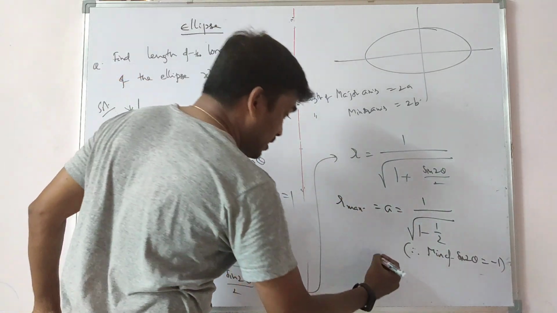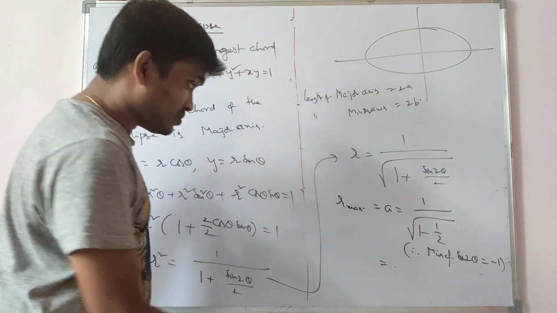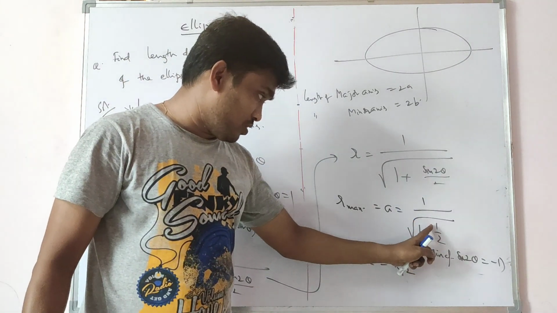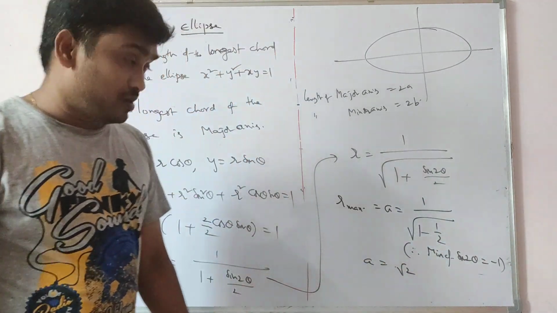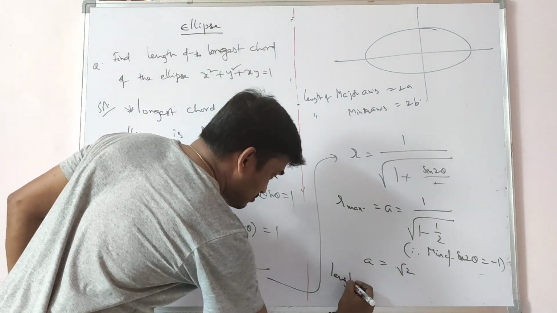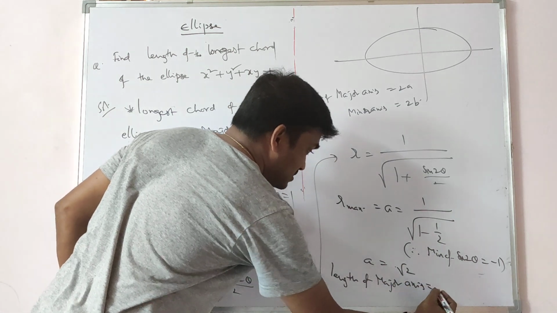So what is the result coming here? 1 by 2. That means how much coming? a is equal to root 2. Check it. Yes. Now what is the length of the major axis? That is 2 root 2.